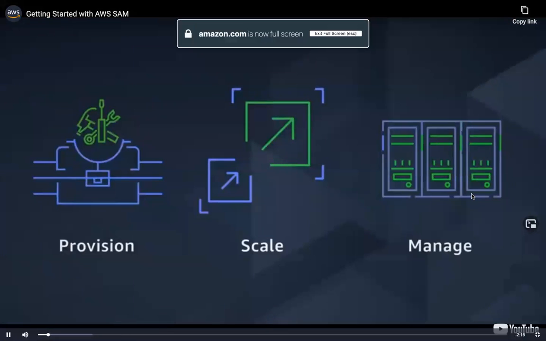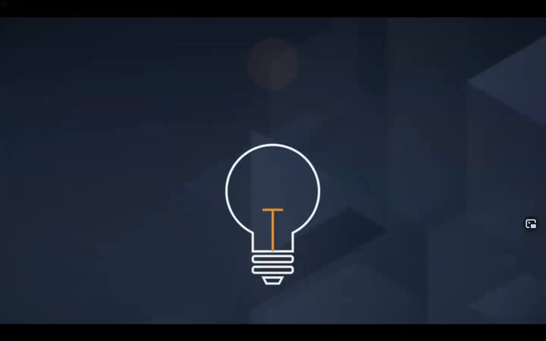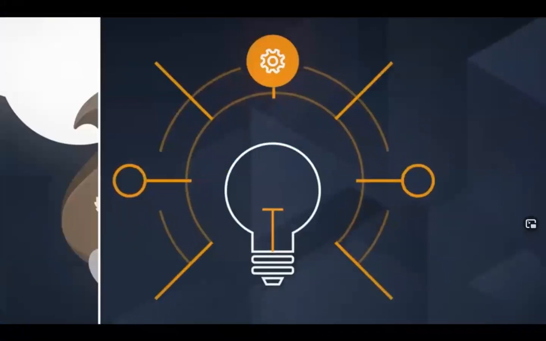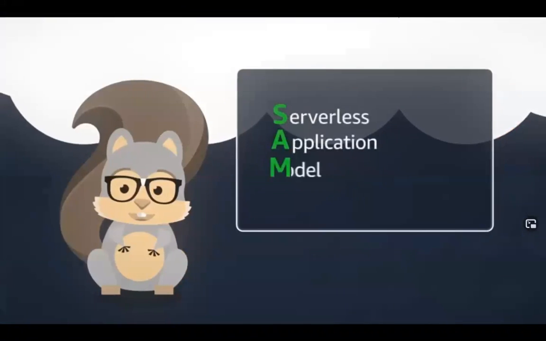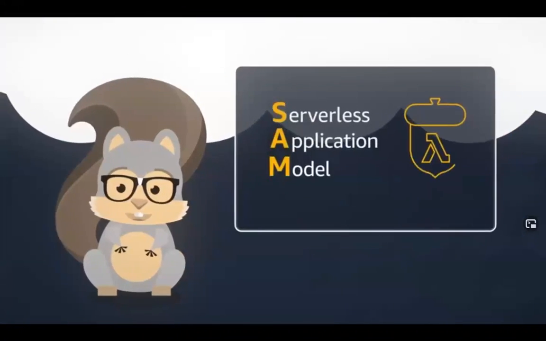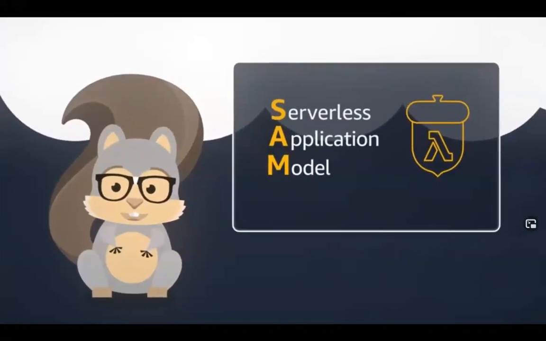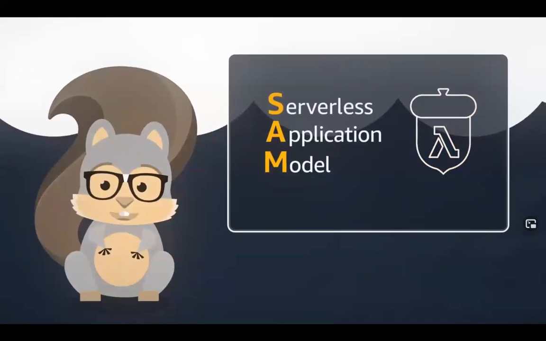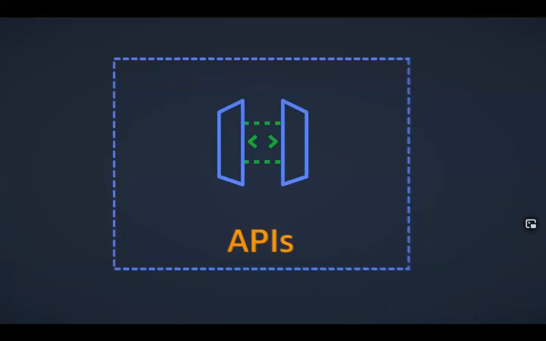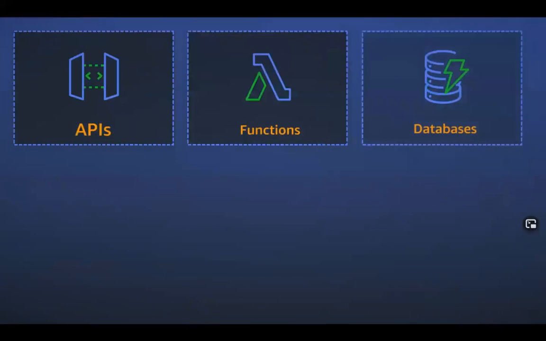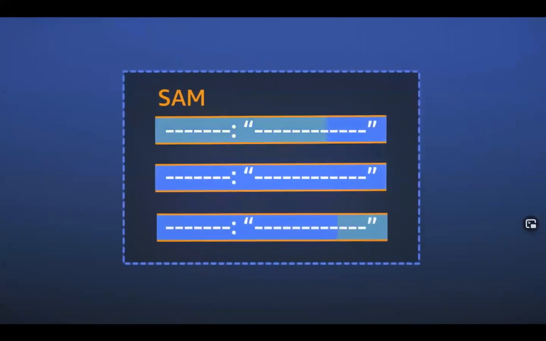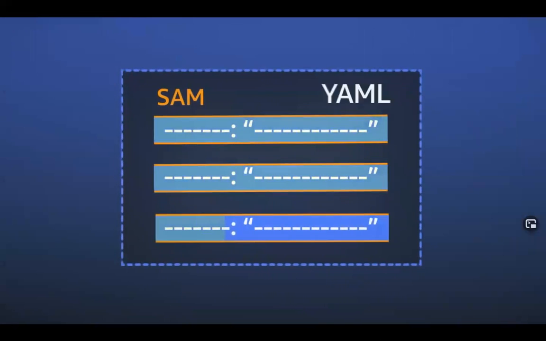Serverless applications do not require you to provision, scale, or manage any servers, letting you focus on rapid product innovation and delivery. AWS SAM is an open source framework for building serverless applications and makes it easier to build higher quality applications quickly. SAM provides a shorthand syntax to express APIs, functions, databases, and event source mappings. With just a few lines per resource, you define the application you want and model it using YAML.